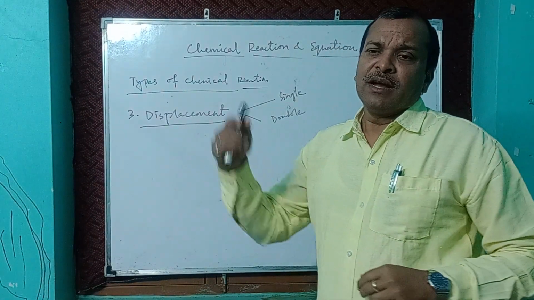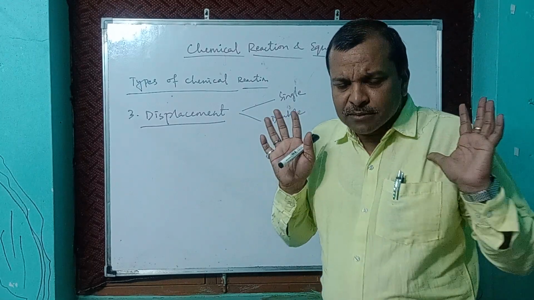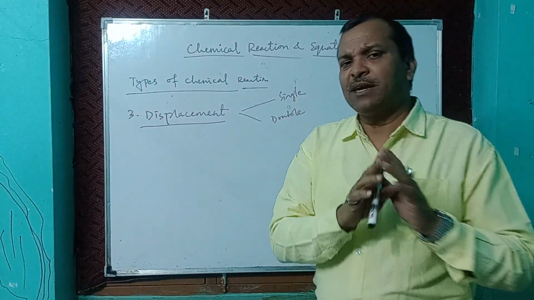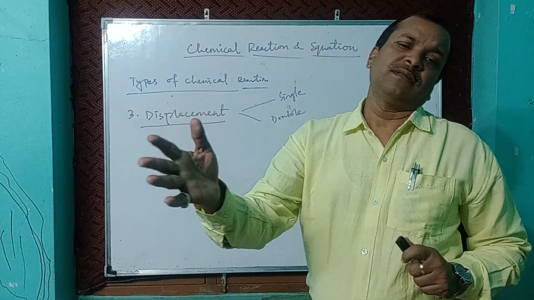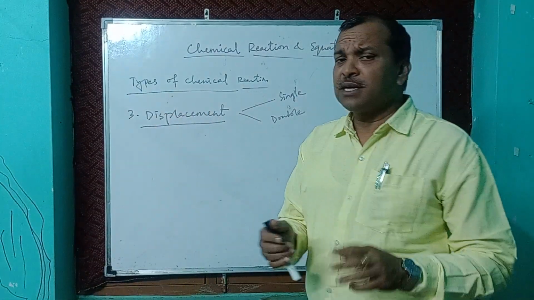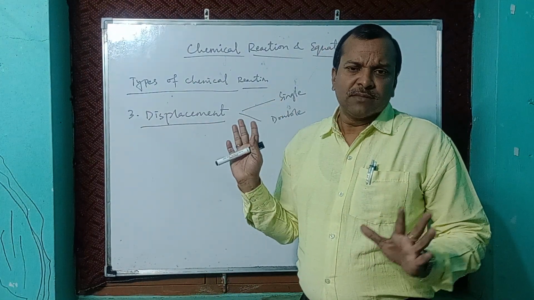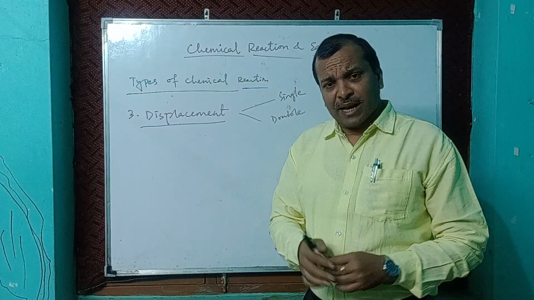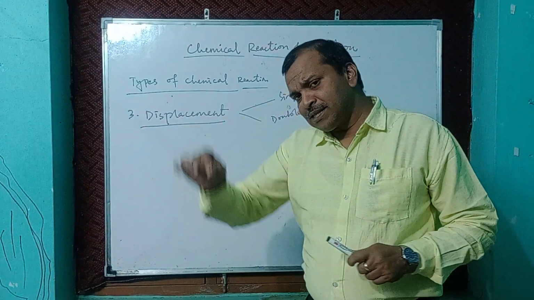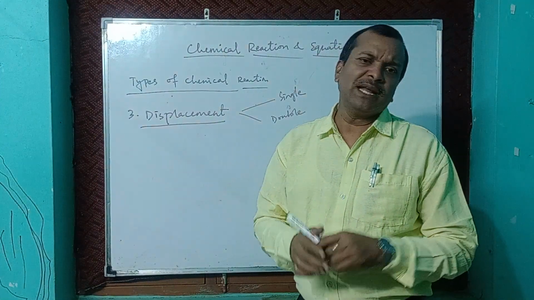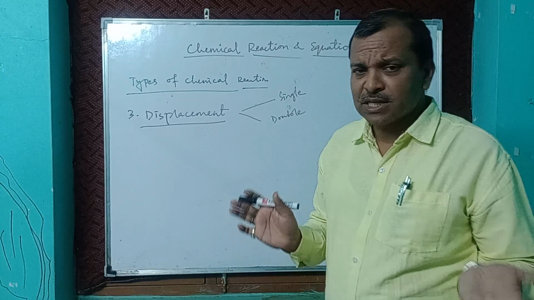But if a 5th class student tries to push a 10th class student, it is not possible, because the 10th class student is stronger. Like that, a more reactive element can displace a less reactive element, but a less reactive element cannot displace a more reactive element. Is it clear?